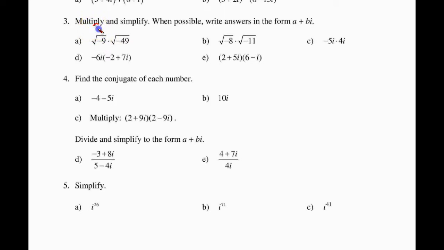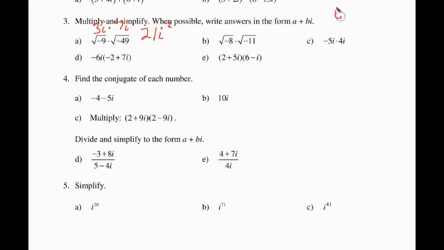This is a 3i, and this is a 7i. Now that's important, as you'll see in just a moment, because we now get 21. 3 times 7 is 21, i squared.